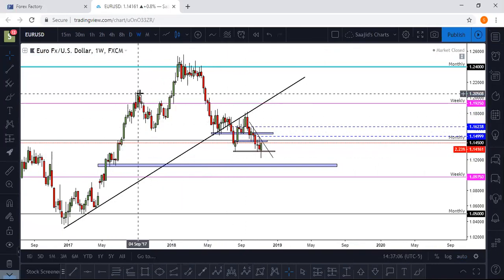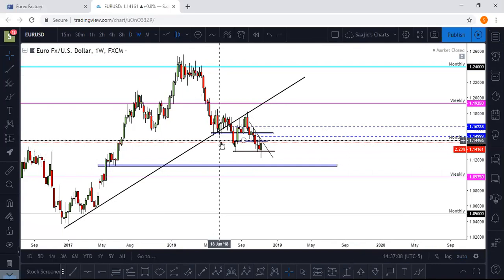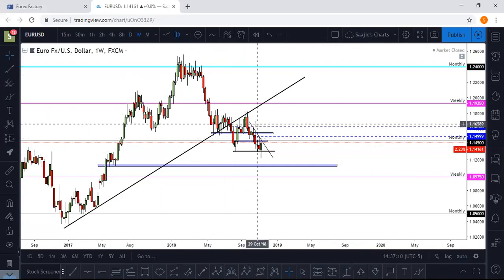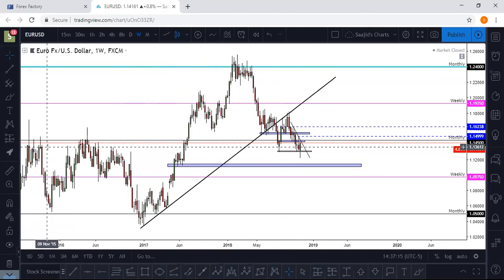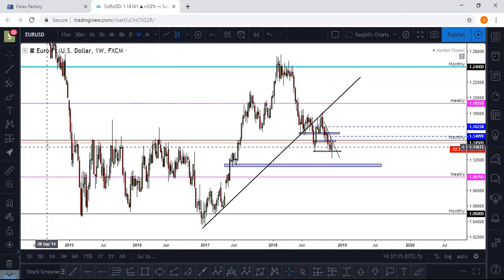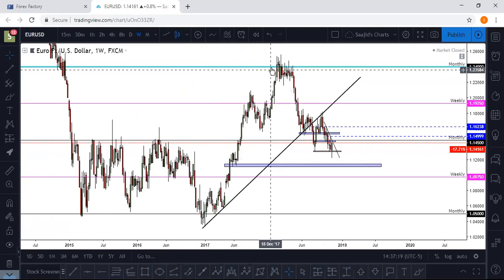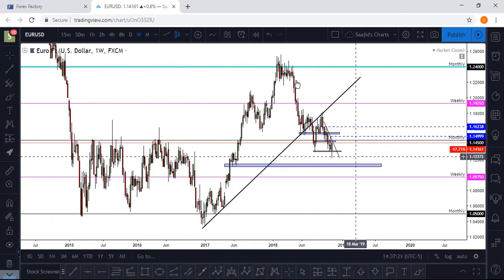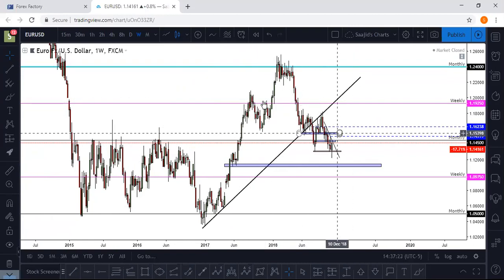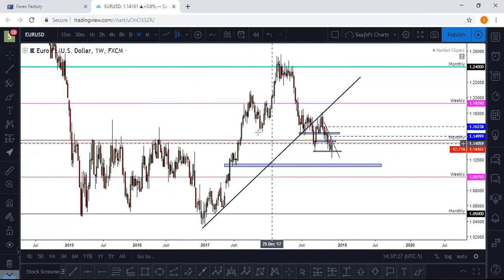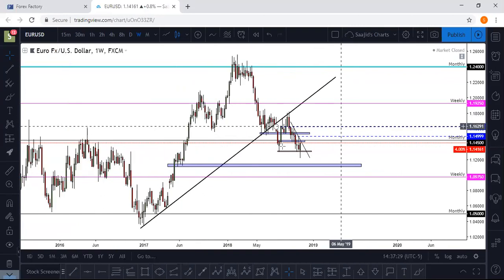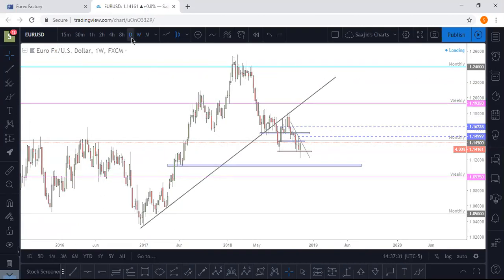You see the left shoulder, head, and right shoulder. It's indicating that the market could probably go down, because a head and shoulders is a trend reversal pattern and this was an uptrend. So this could possibly be a head and shoulders, because the neckline is somewhere around here.